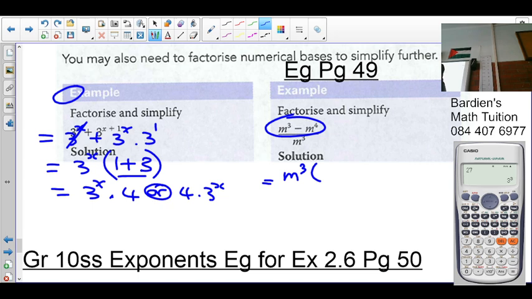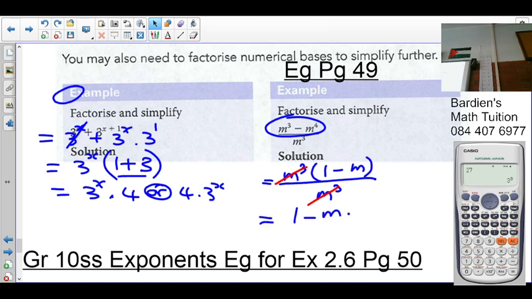What are we left with after we factorize m cubed in the numerator? 1 minus m over m cubed. Now what? Cancel. What cancels? M cubed. So what are we left with? 1 minus m. You guys understand? Yes. Right.